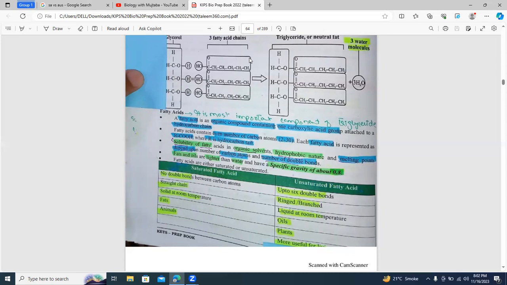Therefore, unsaturated fatty acids are soluble at low temperature, and they are present mainly in the form of liquids and oils. Also, the unsaturated fatty acids which we eat are healthy and are obtained from plants. These are the omega 3 and omega 6 fatty acids, which are cardioprotective in nature, and hence doctors advise us to eat them in more quantity.